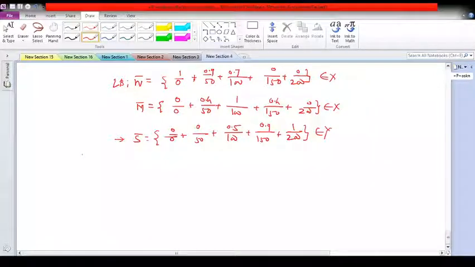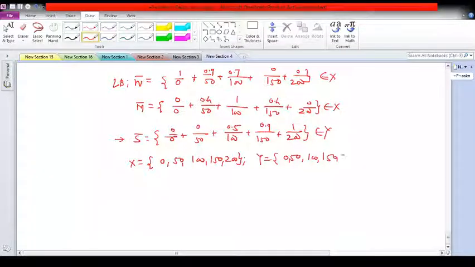X is the set which has 0, 50, 100, 150 and 200. Similarly universal set Y is also 0, 50, 100, 150 and 200, something like this.